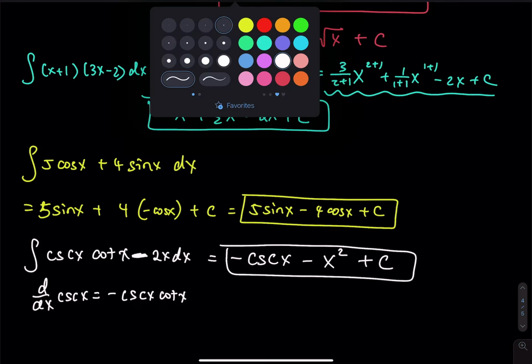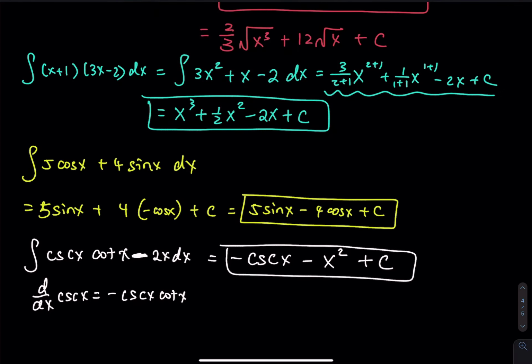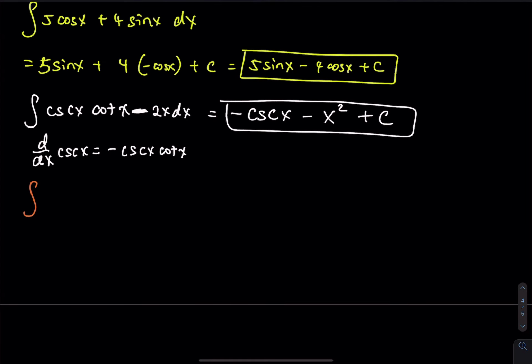And the next one, we switch to another color. We have the integral of secant squared theta minus sine of theta d theta. The derivative of tangent with respect to theta, because the independent variable is theta, is equal to secant squared. All right.